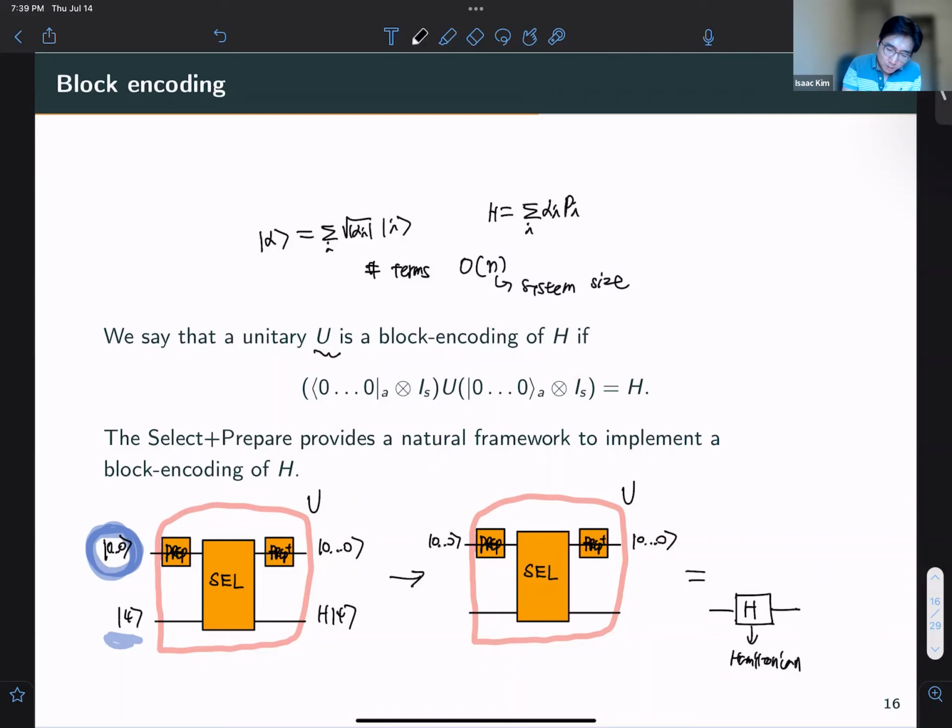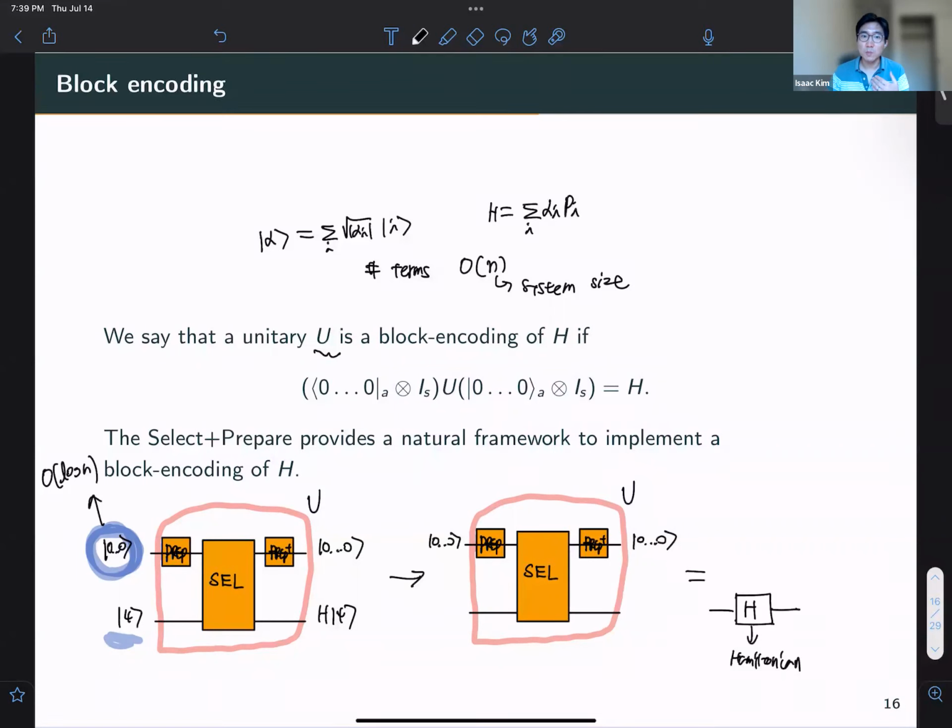And so the number of non-zero elements, not non-zero coefficients, would be O of n. And that means that it suffices to choose this blue thing to be O of log n, right? Because you can store up to n using log n bits. So we don't actually pay too much for this extra cost.